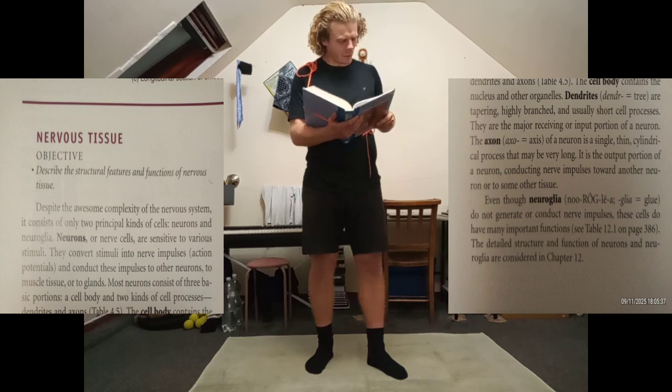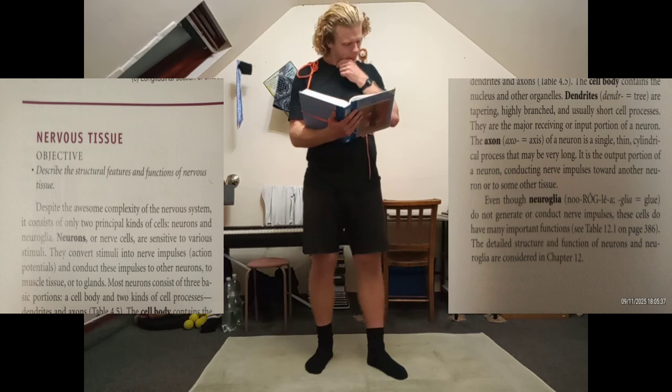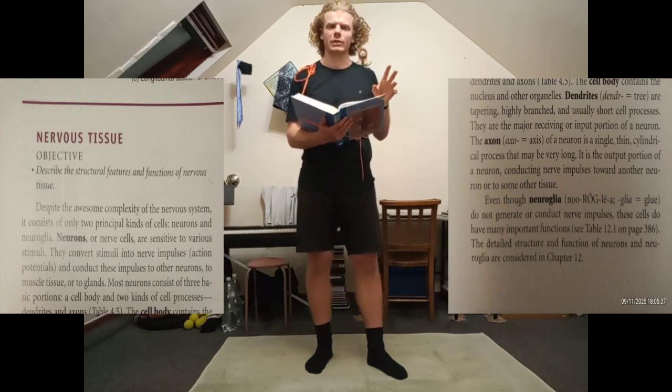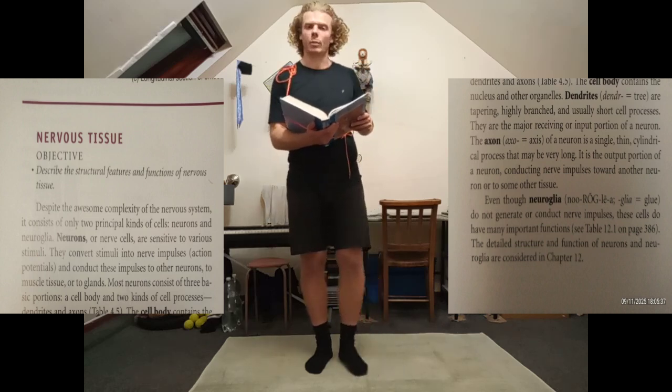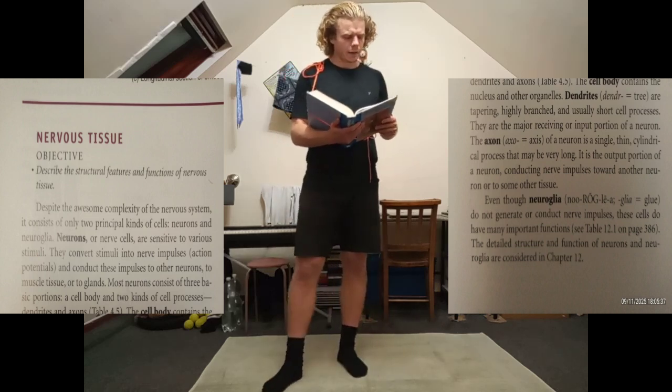Even though neuroglia do not generate or conduct nerve impulses, these cells do have many important functions. The detailed structure and function of neurons and neuroglia are considered in Chapter 12. Okay, we're not going to talk about the neuroglia. We'll mention them, but that means we're making a video about neurons.